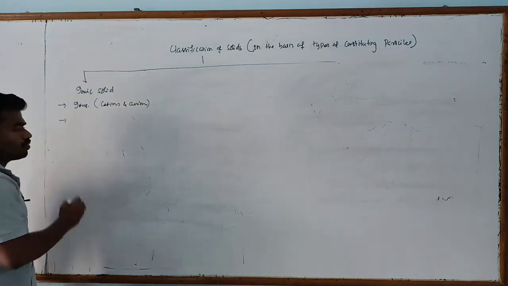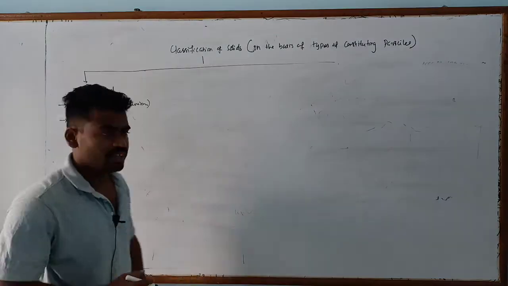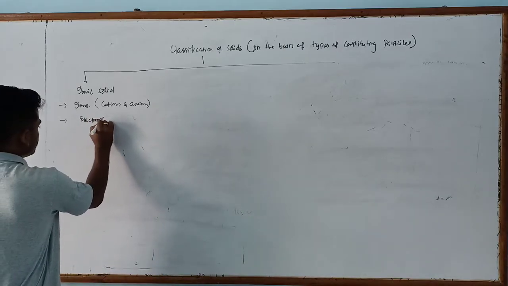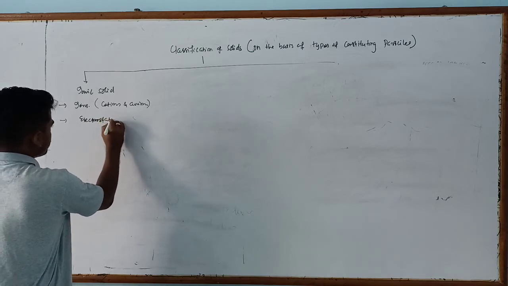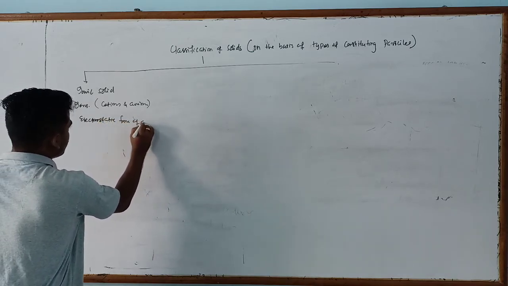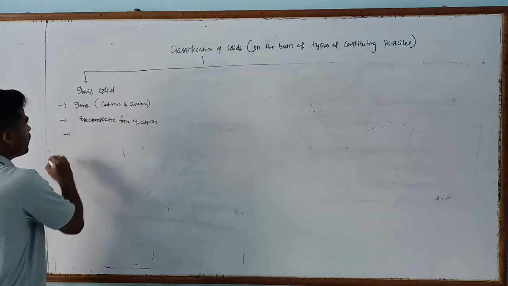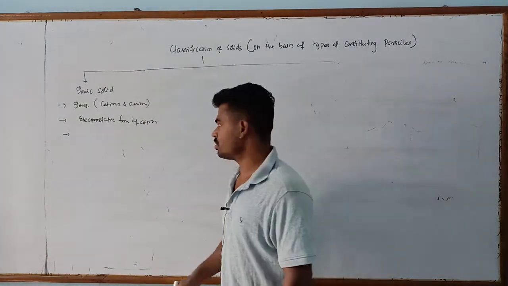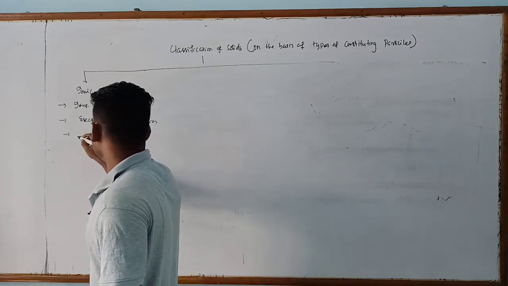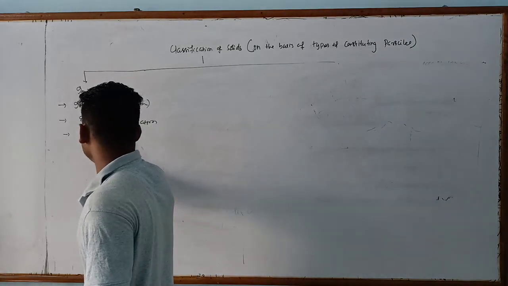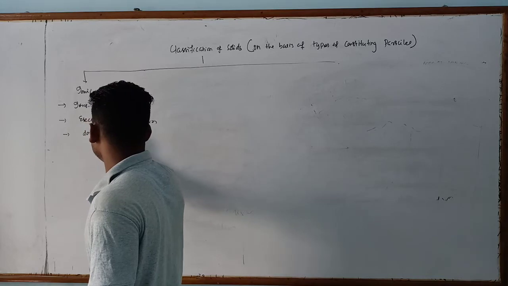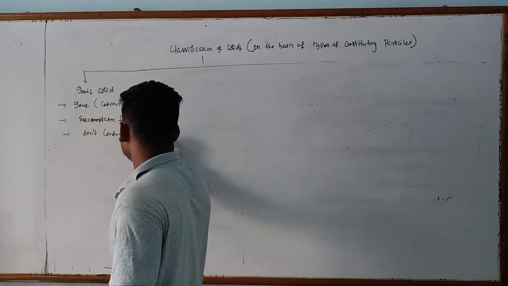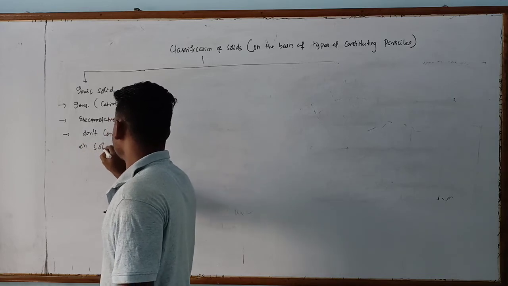Then which type of force of attraction is responsible for this? Electrostatic force of attraction. Ions are held together by electrostatic force of attraction. Ionic solids are bad conductors of electricity in their solid state, they do not conduct electricity in solid form.